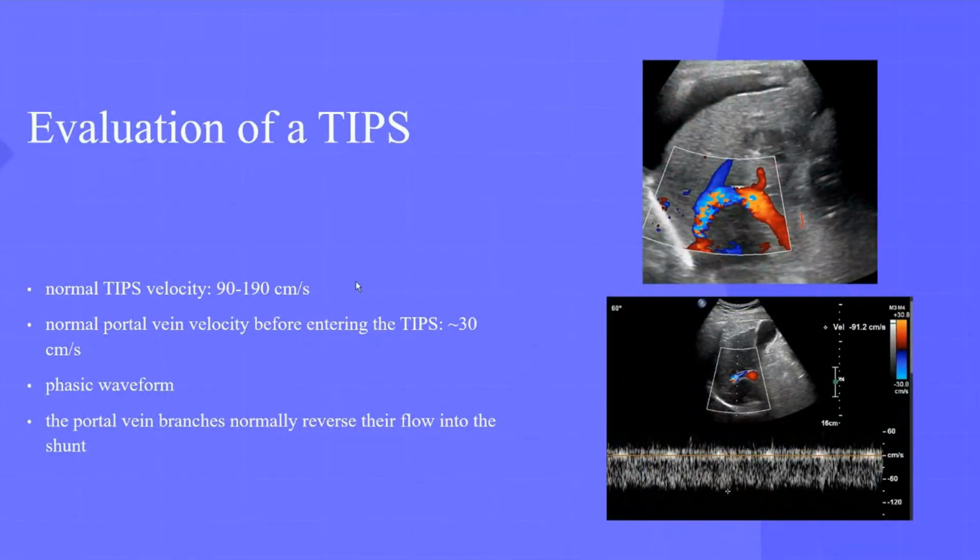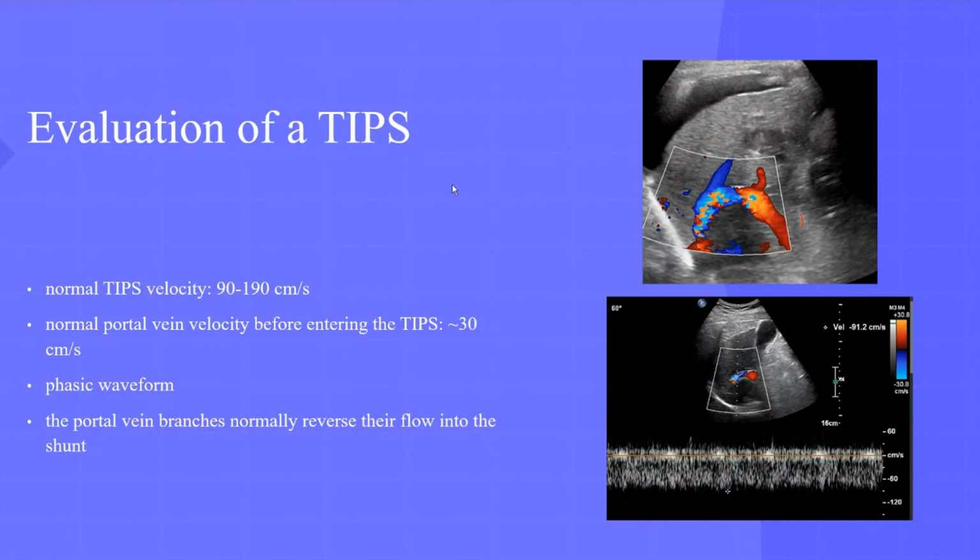The normal TIPS velocity ranges from 90 to 190 centimeters per second. The normal portal vein velocity before entering the TIPS is around 30 centimeters per second. It's a phasic waveform. The portal vein branches normally reverse their flow into the shunt.